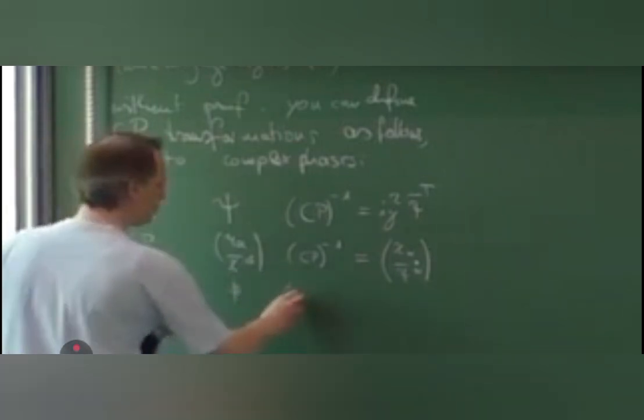So for a scalar field phi, like the Higgs field, there is the simplest transformation. Phi simply goes to phi dagger.